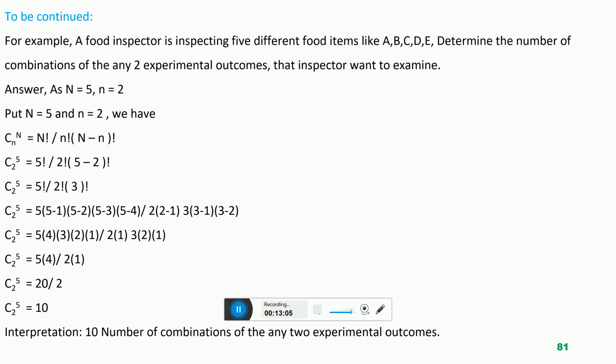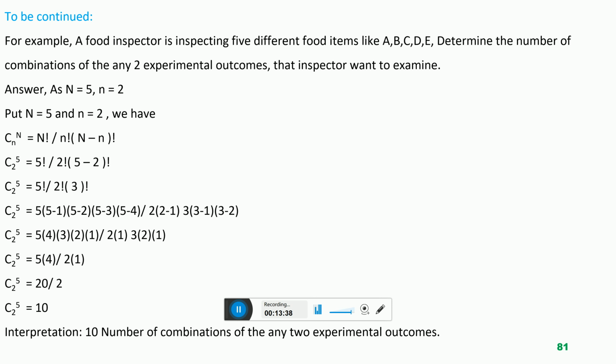He is examining these 5 food items by choosing any 2 from the 5. So the large data set N carries 5 food items and the food inspector is choosing only 2, which is the small n. It means out of the 5 food items, the food inspector is choosing only 2, any 2.